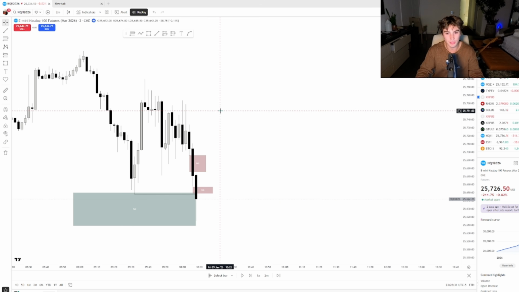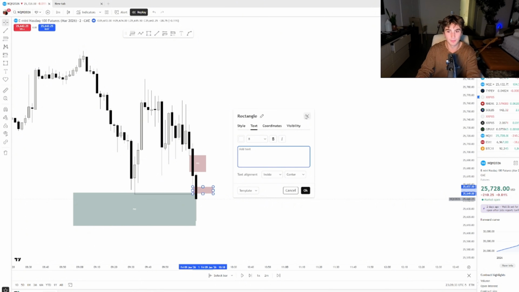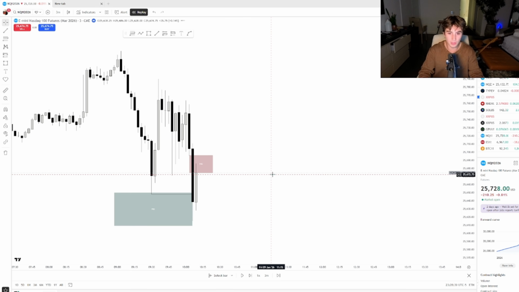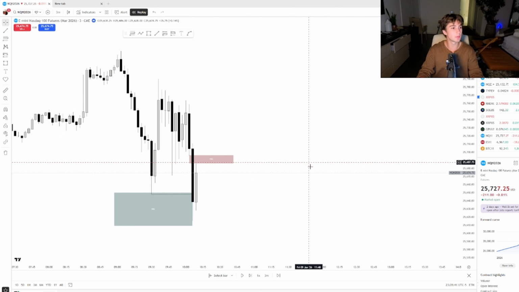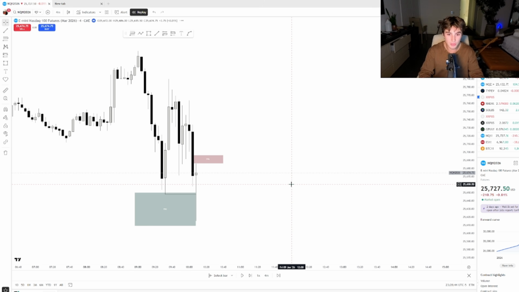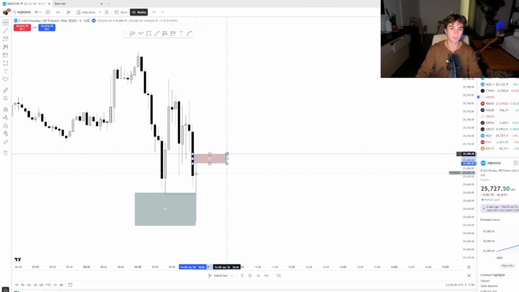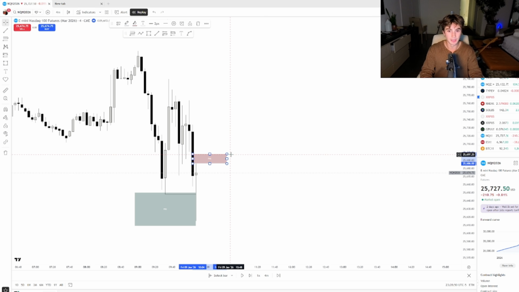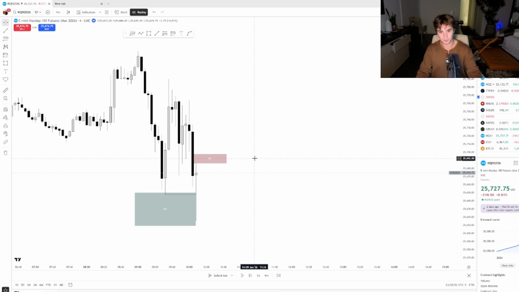But there's also the 2 minute time frame, and the 2 minute time frame has this bearish gap. There's also a bearish gap on the 3 minute time frame. And there's also a bearish gap on the 4 minute time frame. But there's not a bearish gap on the 5 minute time frame. So the highest time frame bearish gap here is the 4 minute.